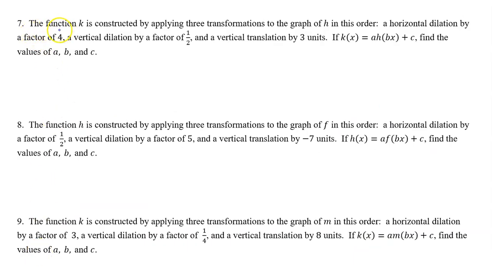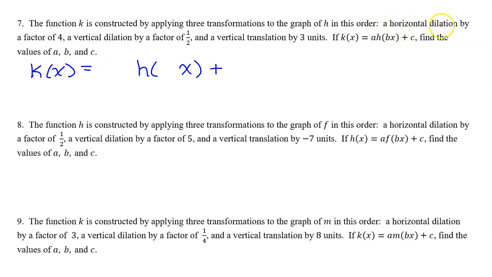Number 7. The function k is constructed by applying 3 transformations to the graph of h in this order: a horizontal dilation by a factor of 4, a vertical dilation by a factor of 1/2, and a vertical translation by 3 units. If k of x equals a times h at bx plus c, find the values of a, b, and c.